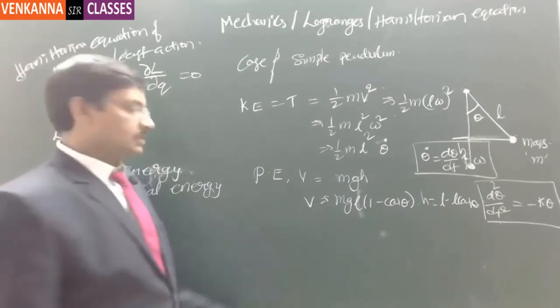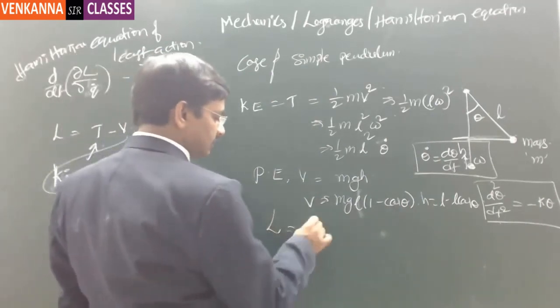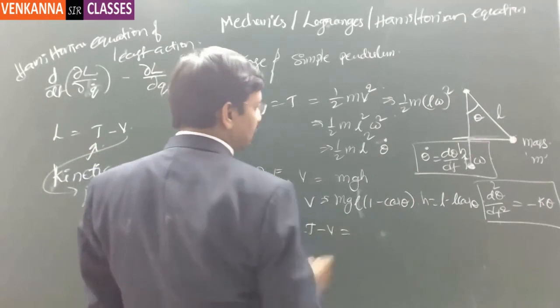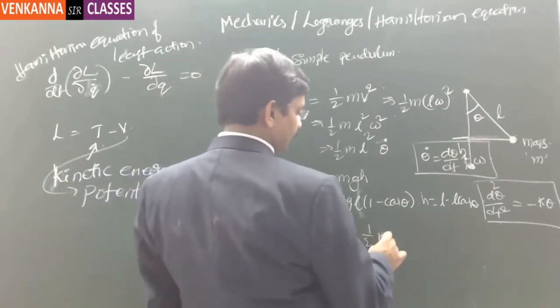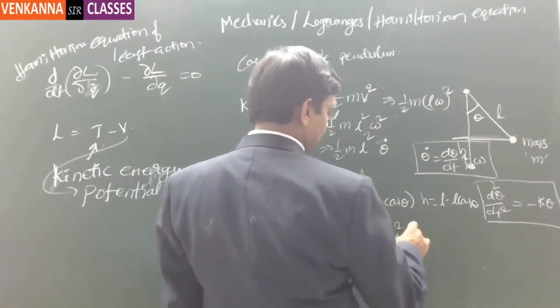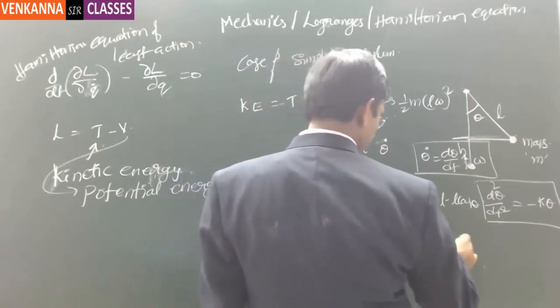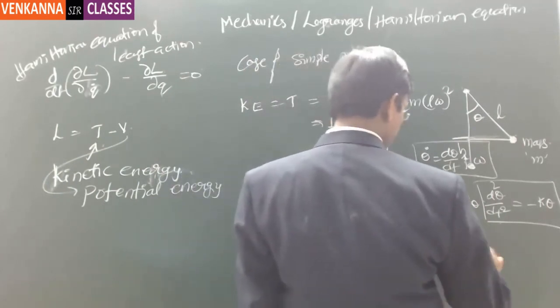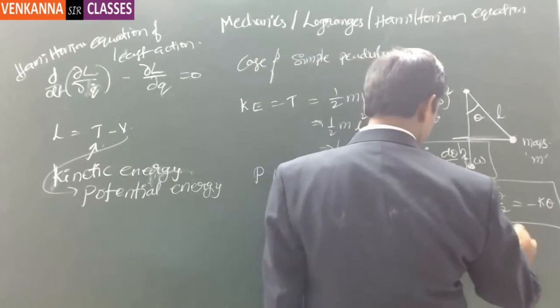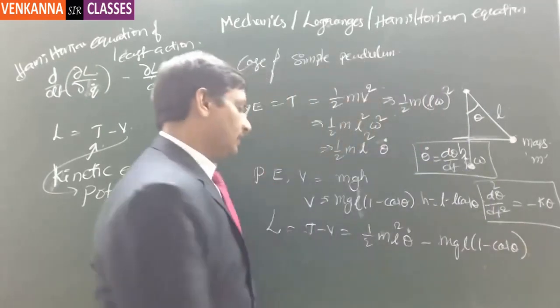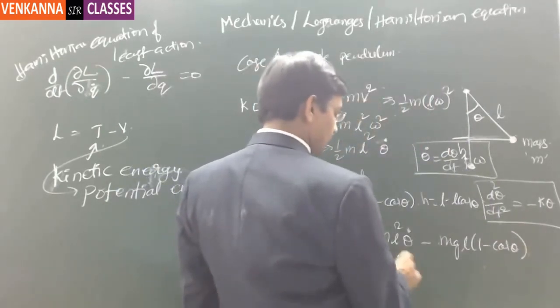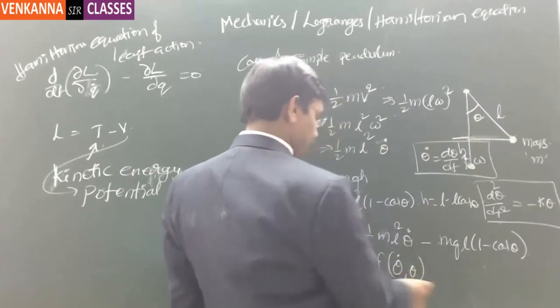And then based on this, the Lagrangian can be written as T minus V, which is given by half m L square theta dot square minus mg times L into 1 minus cos theta. So now it is a function of theta dot and theta. Got it?